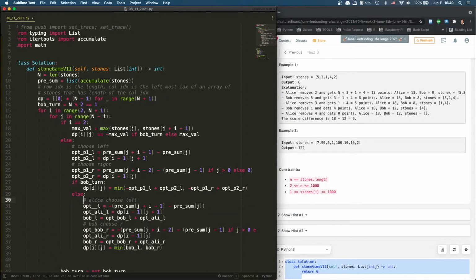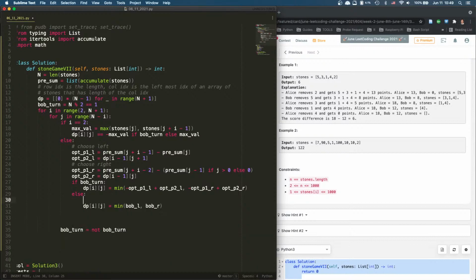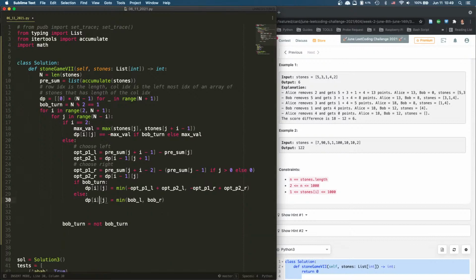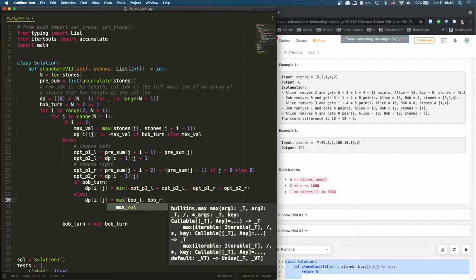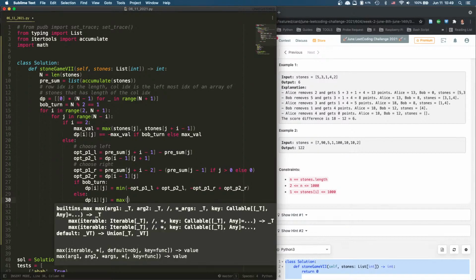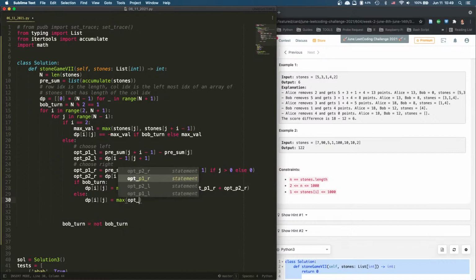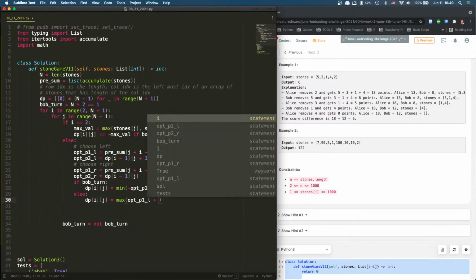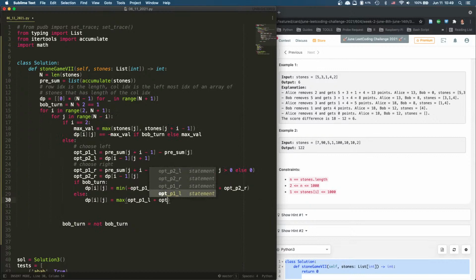Else, if it's not Bob's turn, then we're going to get a maximum because it's Alice's turn. So Alice wants to maximize, right? So when she maximizes, it's going to be optimal P1 left plus optimal P2 left, because I saved the negative value in it.